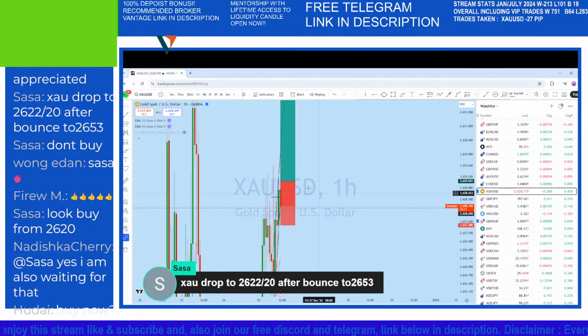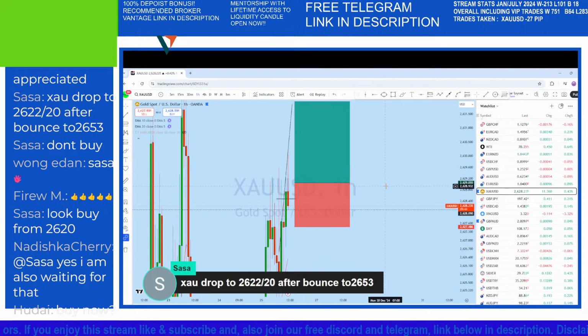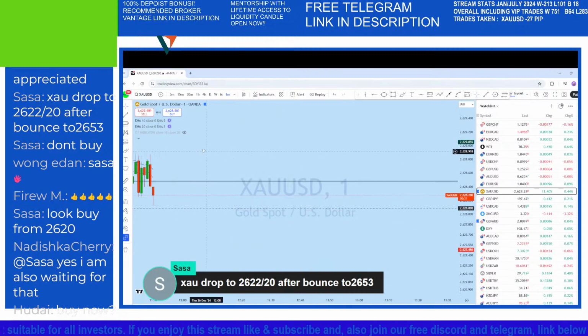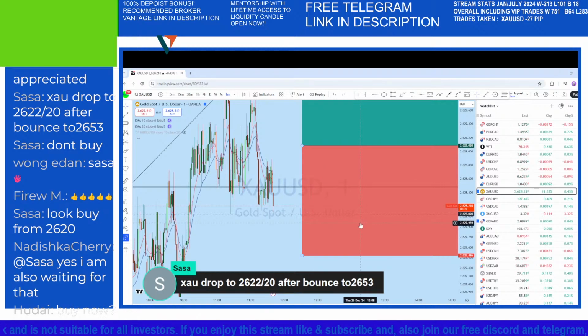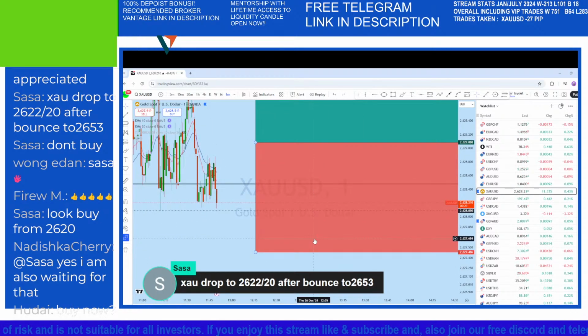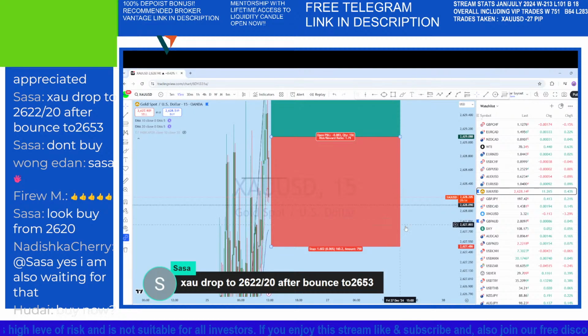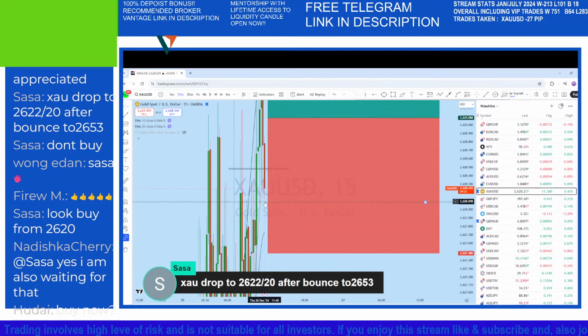So it reached that important liquidity zone here.